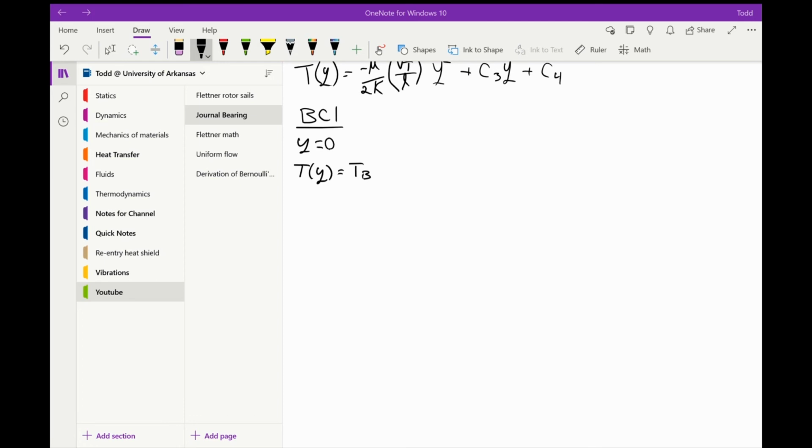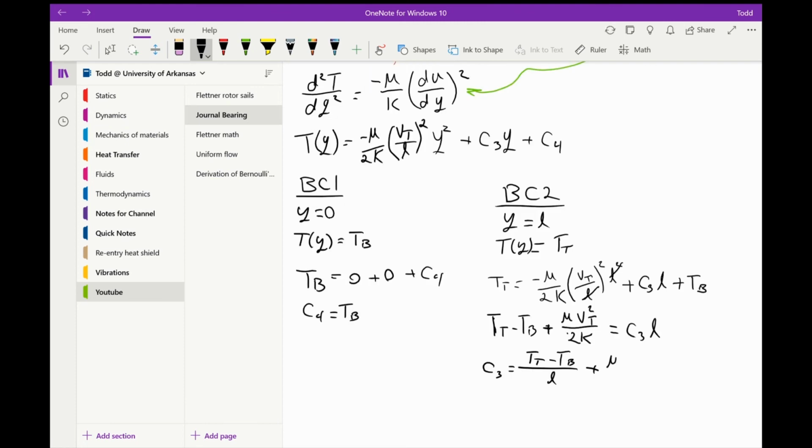Again, boundary condition 1 will be the bottom plate, so y is still equal to 0, and our temperature will also be equal to the temperature of the bottom plate. When we plug that information into our equation that we just solved for, we get the following constant: C4 is equal to the temperature of the bottom plate.